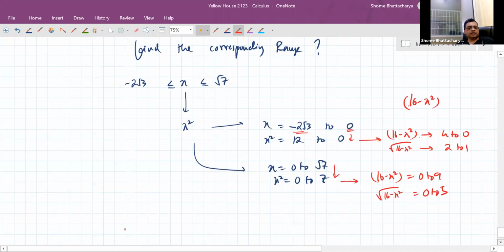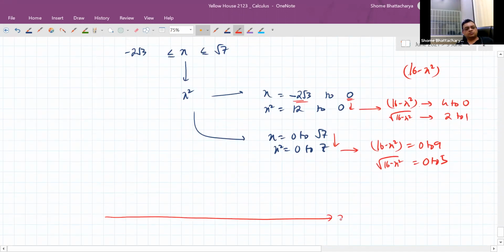So basically what we can understand is that if you think of the number line x, your 0 is somewhere here, your minus 2 root 3 somewhere here, and your root 7 is somewhere here. So here what is happening to the quantity y, which is square root of 16 minus x square. It had a value of 2 over here. Okay.